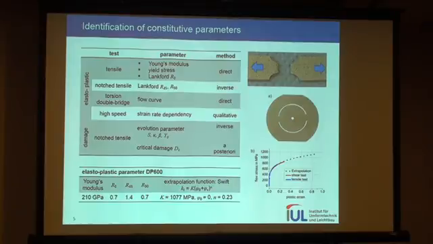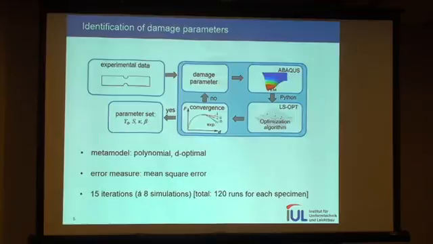That's different to a standard tensile test. In a standard tensile test, you usually have fracture in a 45-degree line, and you can't use symmetry lines if you want to identify damage or fracture. But with the notch tensile test, this was possible. Then we did repeated simulations with an optimization algorithm, and usually after 12 iterations, we got convergence and had found our parameter set.